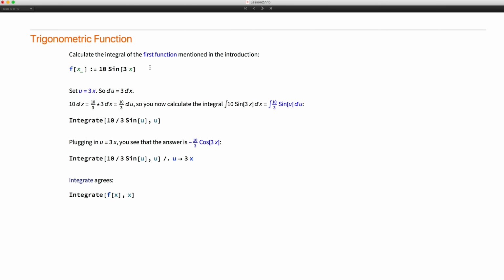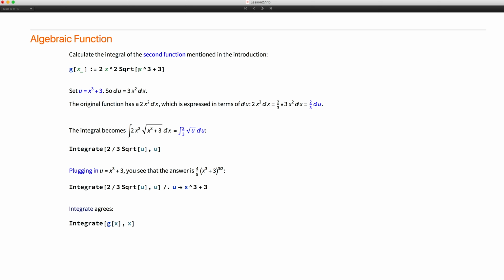Okay, so let's go a step further now and talk about an algebraic function. That's the second function from the introduction. Here you think of what is inside the square root sign as being u. So u is x cubed plus 3. So du is 3x squared dx, because that's the derivative of x cubed plus 3.